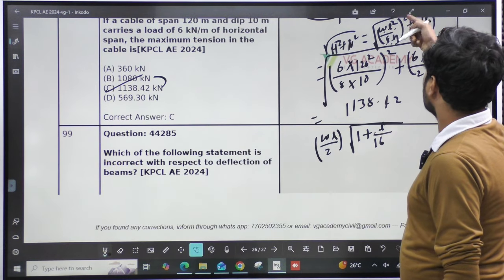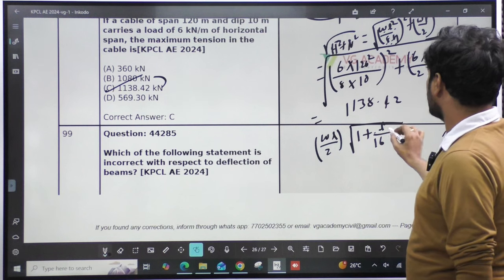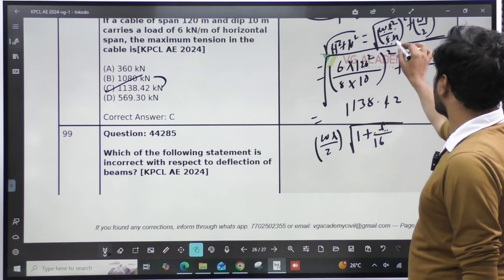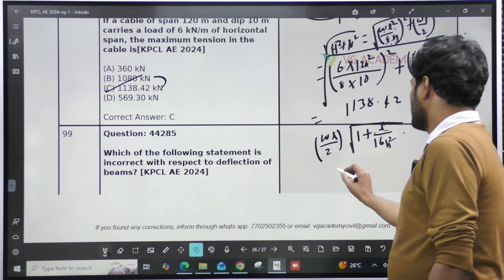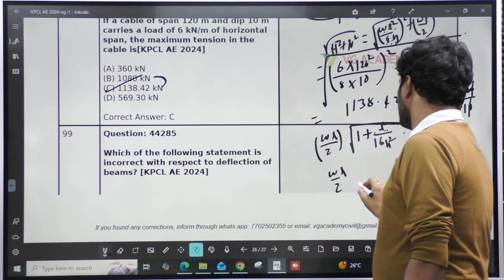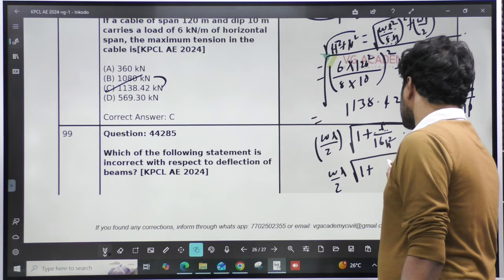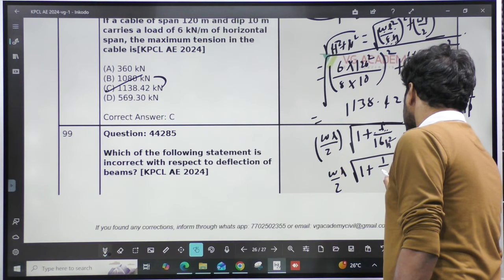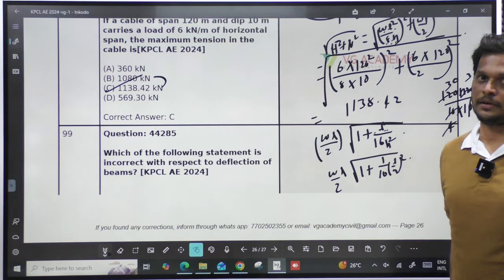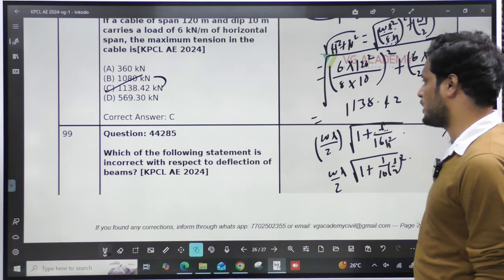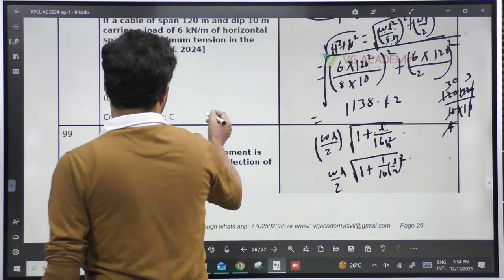And L square whole square, L square went outside, L square will be remaining, and H did not go outside, so H square also will be remaining. So WL by 2 into square root of 1 plus 1 divided by 16 (L by H) whole square. Like this also we can calculate, because calculating the square of this is relatively tough. So we will solve like this.